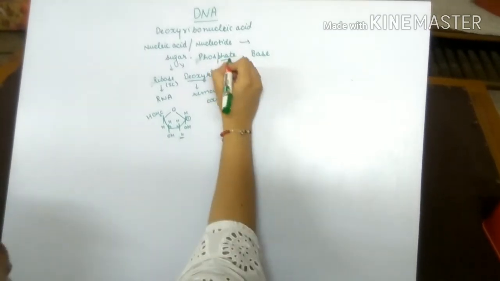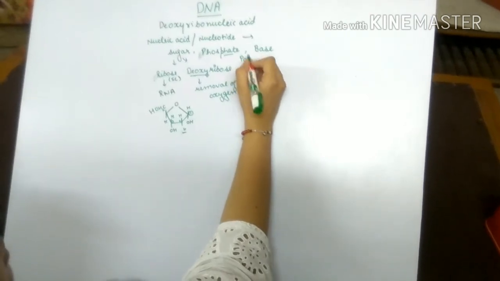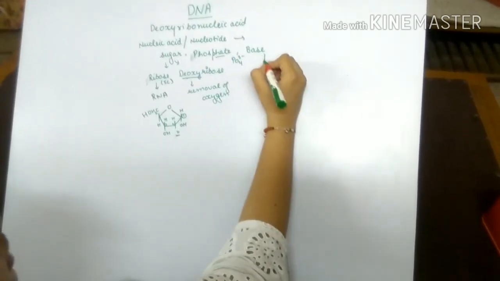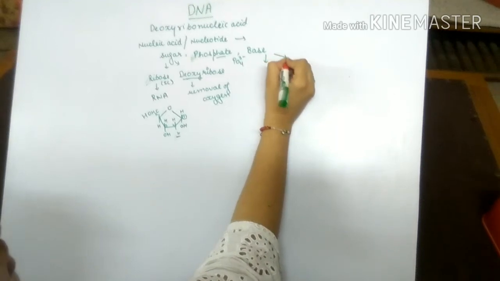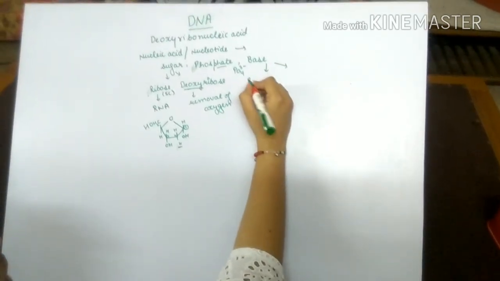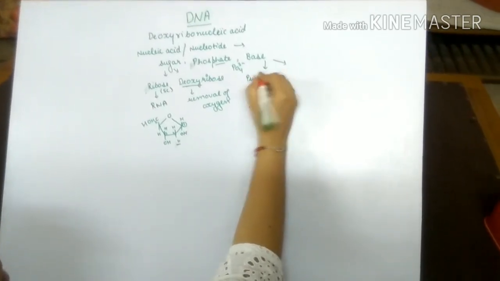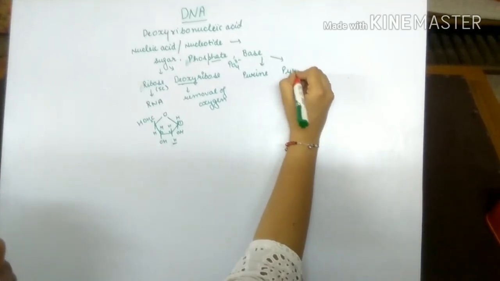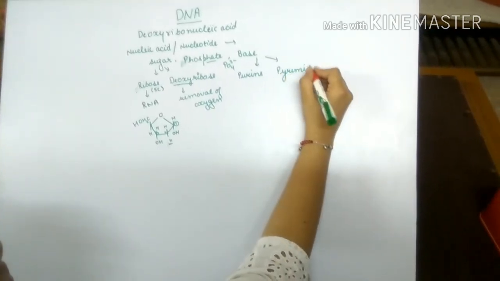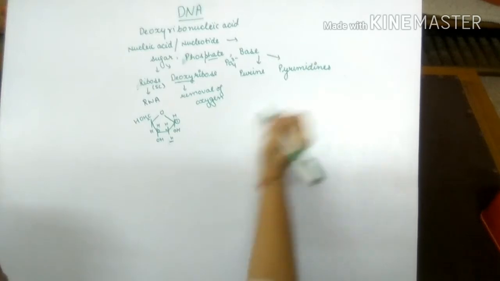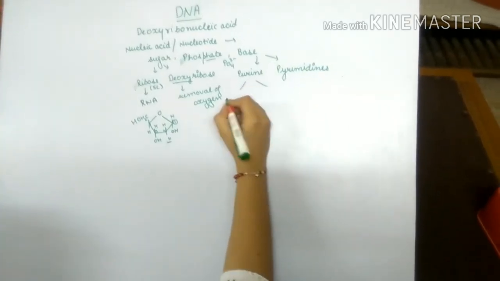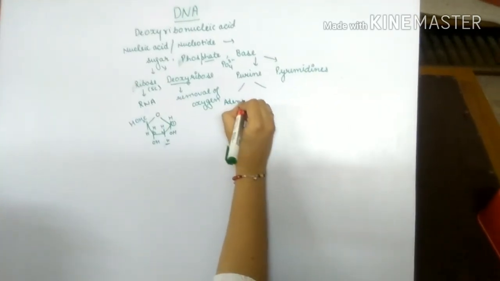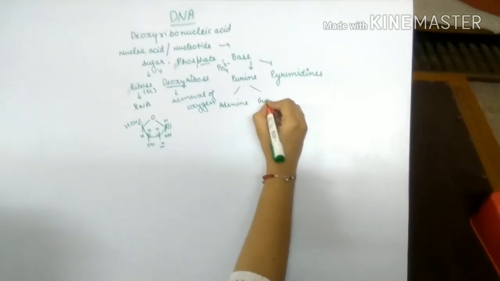The next thing is a phosphate, and the third one is the base, which consists of two components, that is purine and pyrimidine. Purines contain adenine and guanine.